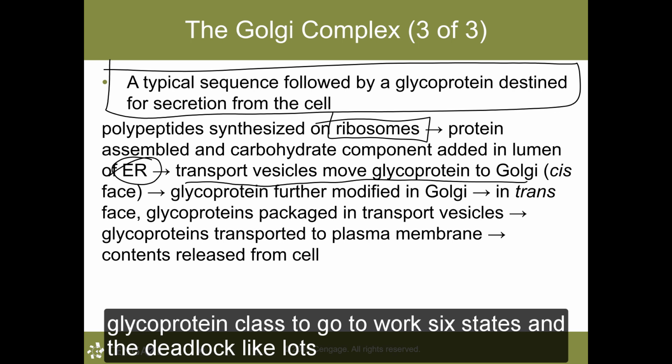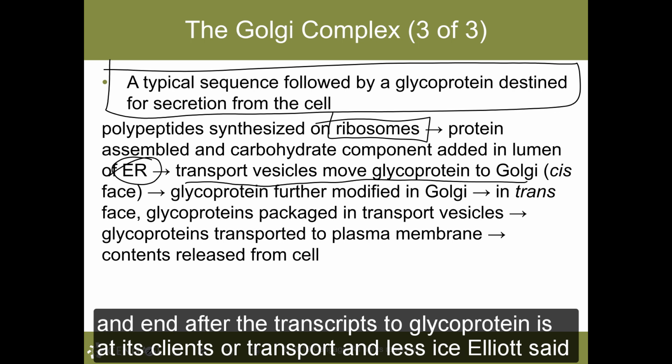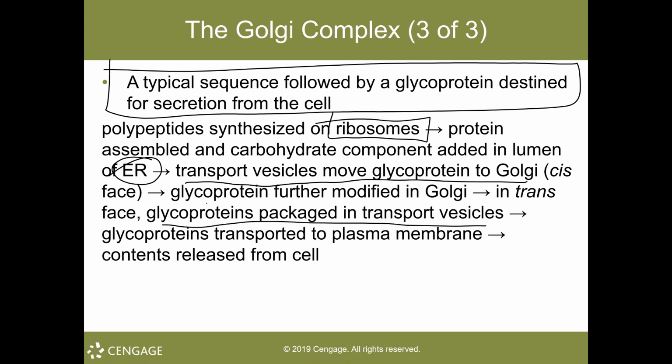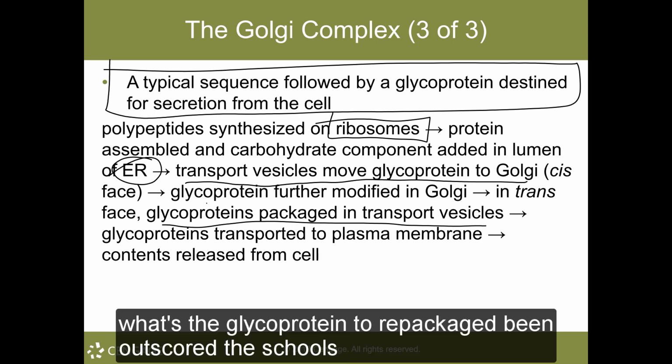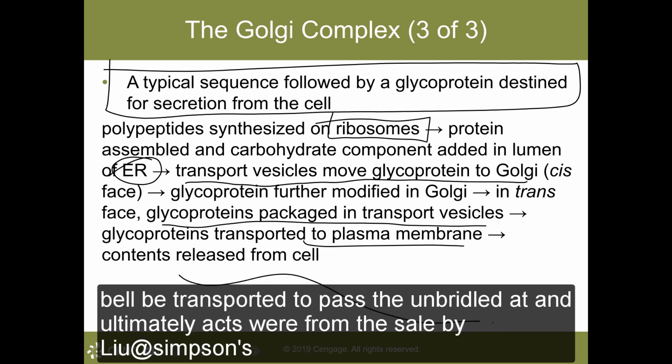It began to be modified. And then thereafter, in the trans phase, the glycoprotein is packaged. Once the glycoproteins are packaged into the transport vesicles, they'll be transported through the plasma membrane and then ultimately exported from the cell by way of exocytosis.